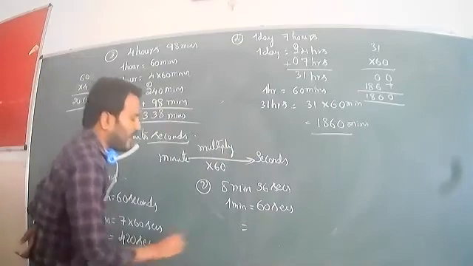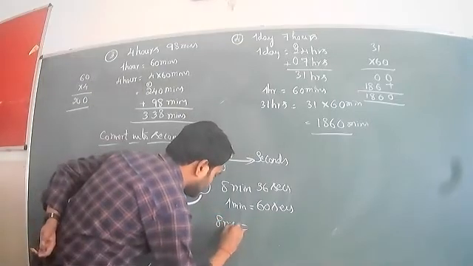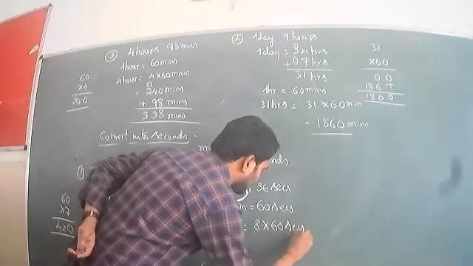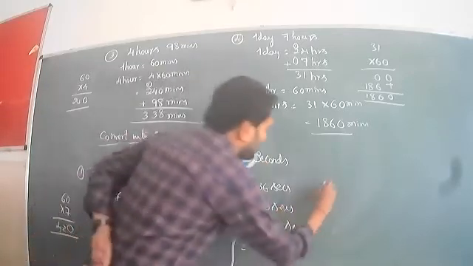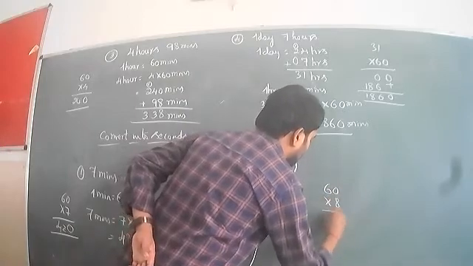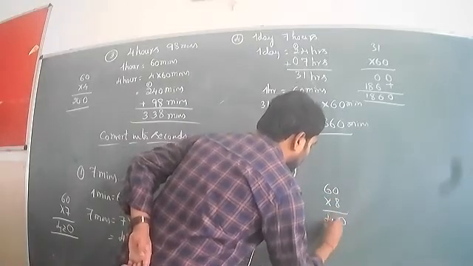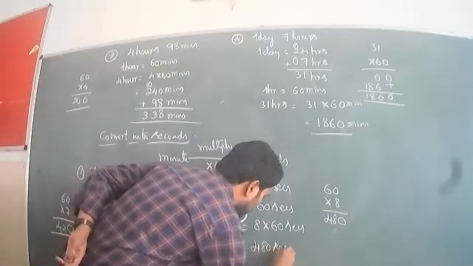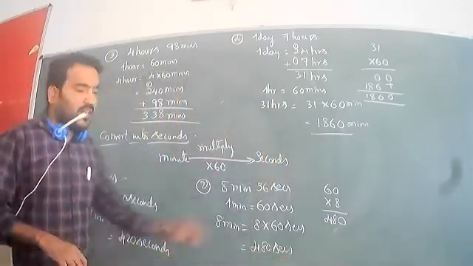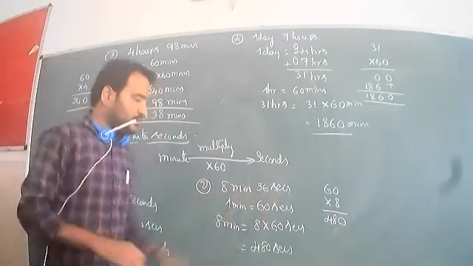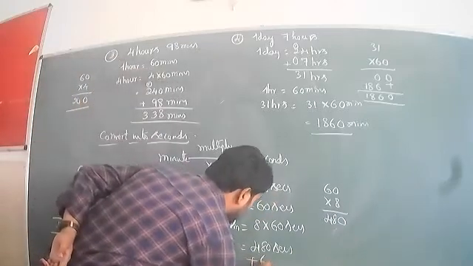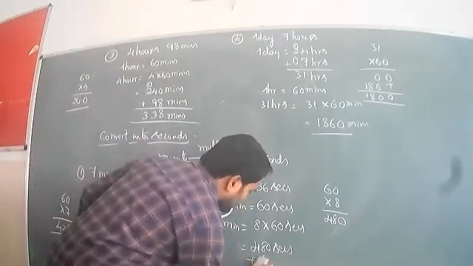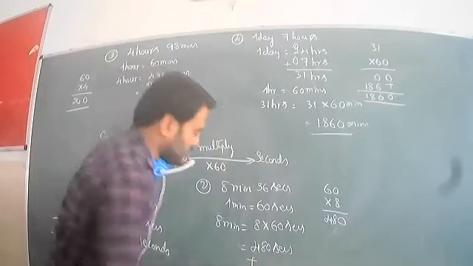So 8 minutes equal to 8 into 60 seconds. What is that answer? 60 into 8. 8 0 the 0, 8 6 of 48. So we get 480 seconds. Then again remaining seconds are there, so we should add 36. We add 36 seconds.